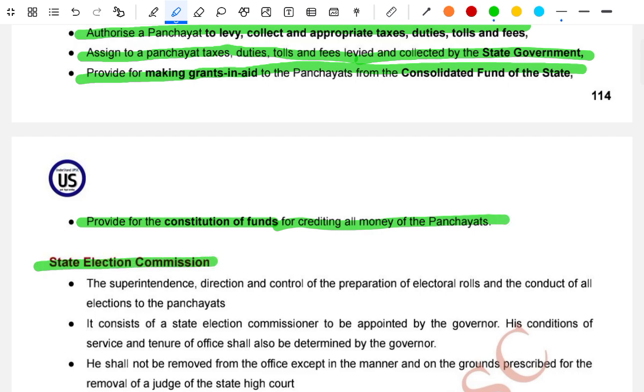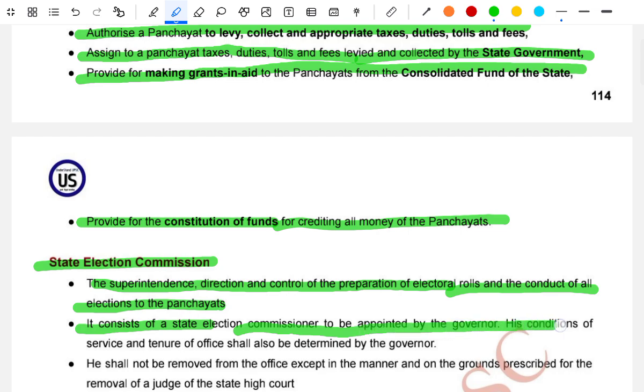The State Election Commission. The superintendence, direction and control of the preparation of the electoral rolls and the conduct of all elections to the panchayat is vested in it. It consists of a state election commissioner to be appointed by the governor.